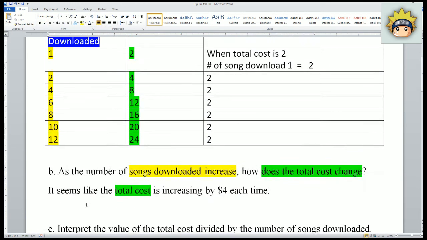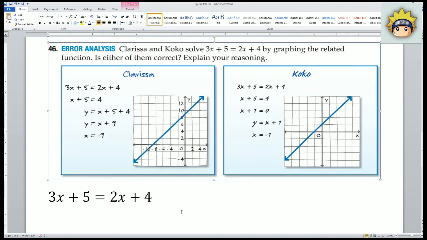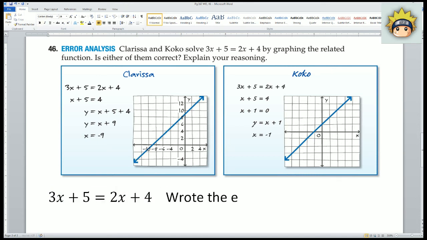Good? Alright, let's look at the next one. The next one is an error analysis question. These two students solve 3x plus 5 equals 2x plus 4 by graphing the related function. Is either of them correct? Explain your reason. Let me just solve it. I wrote the equation, which should always be our first step.